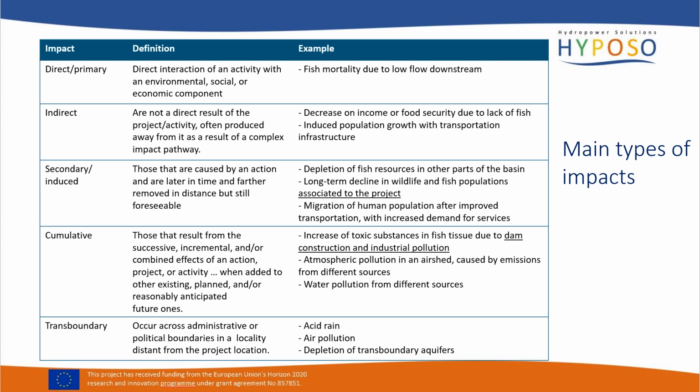Transboundary impacts, I also mentioned before, are impacts that are experienced in other locations away from where the project is located. It might be in a different basin. For instance, if there are some projects that contribute to emissions, of course, most hydropower projects will not worry about that.